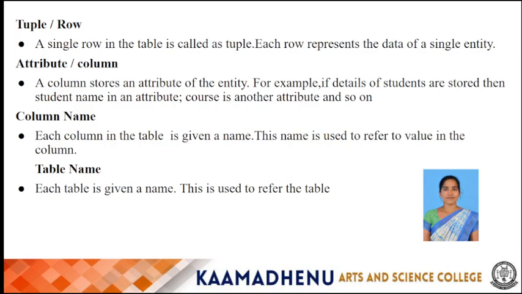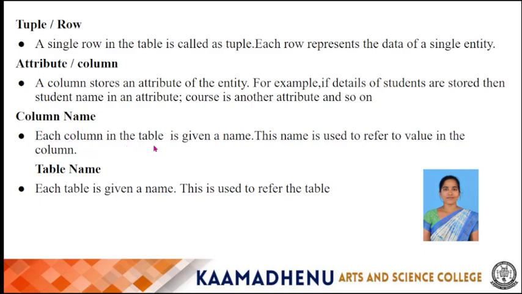Then tuple or row: a single row in a table is called a tuple. Each row represents the data of a single entity. Then attribute or column: a column stores an attribute of the entity. For example, if the details of a student are stored, then student name is an attribute, course is another attribute, and so on.